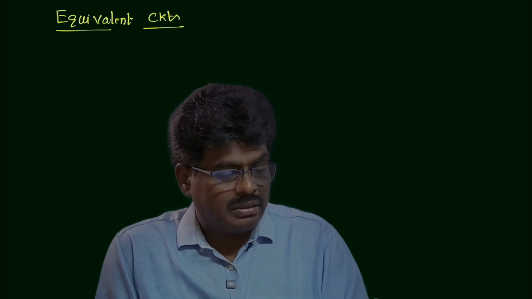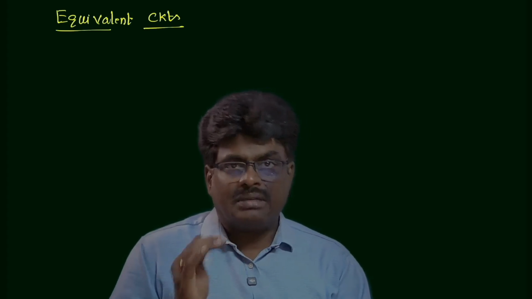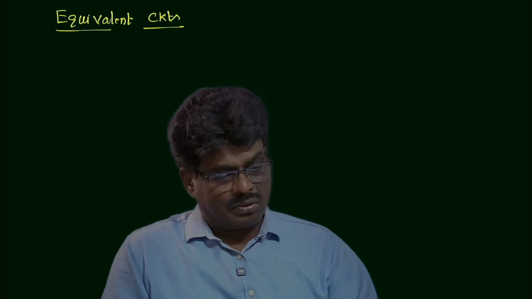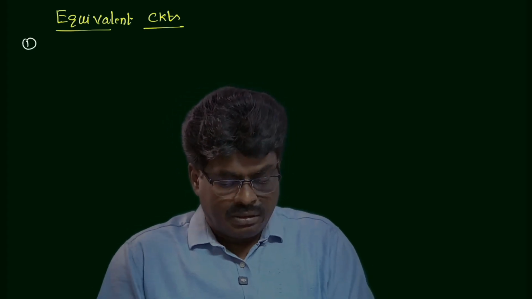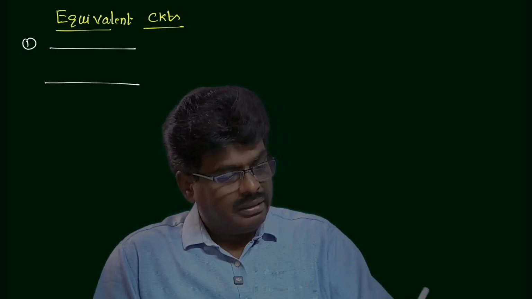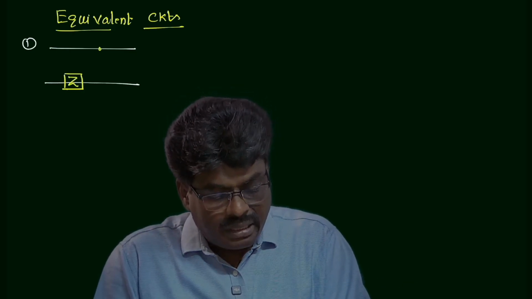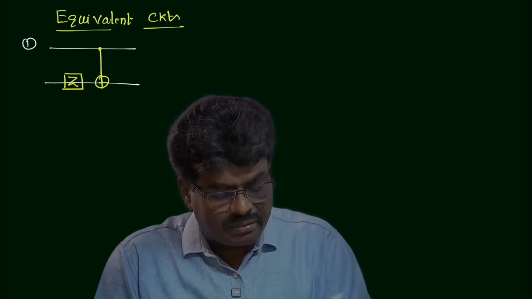Here we are going to discuss two quantum circuits which are equivalent, that means which will give you the same output. Let us discuss. Here we have two qubits, and this is only a Z gate on a single qubit, and here we have a CNOT.